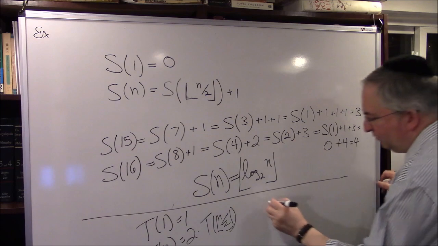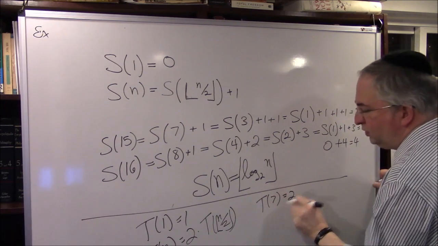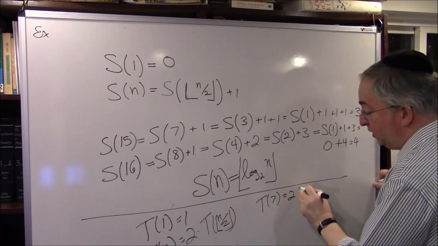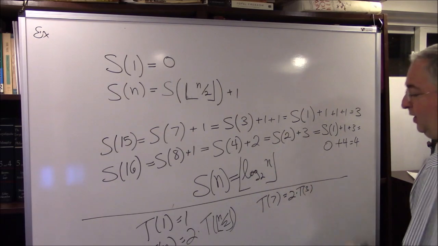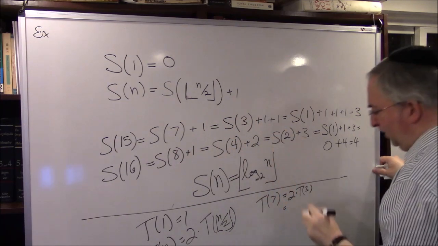Okay, let's do T of 7. T of 7 is equal to 2 times 7 over 2 is 3.5, the floor of that, T of 3. Okay, what's T of 3?